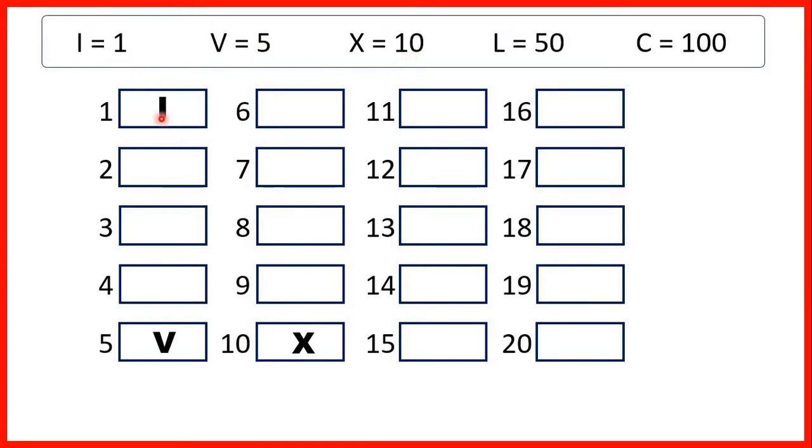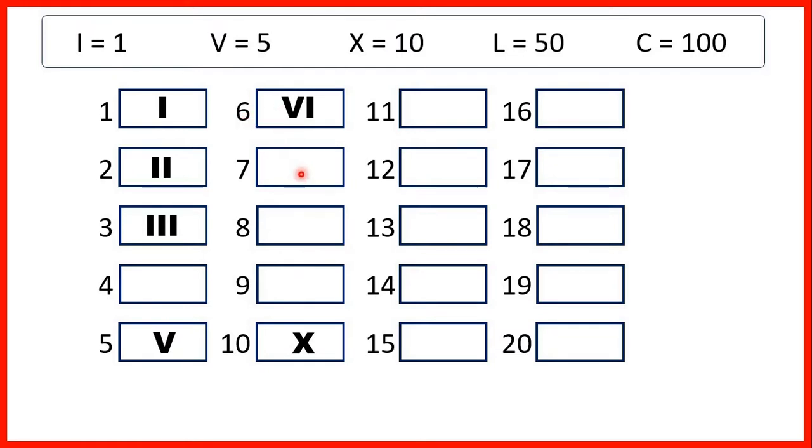For 2, what they did was just write I 2 times. For 3, they wrote I 3 times. But then for 4, they did something a bit different, so we'll come back to that in a moment. Let's move straight on to 6 for now. For 6, they thought of that as being 5 and then 1. So they wrote V and then I, so 5 and then 1, to represent 6.